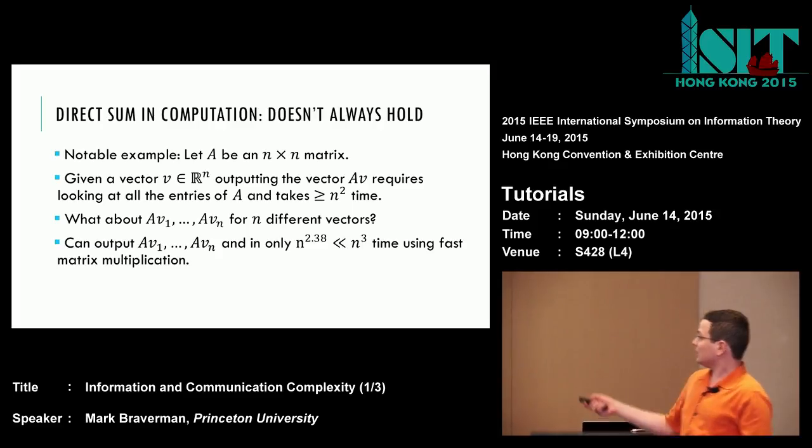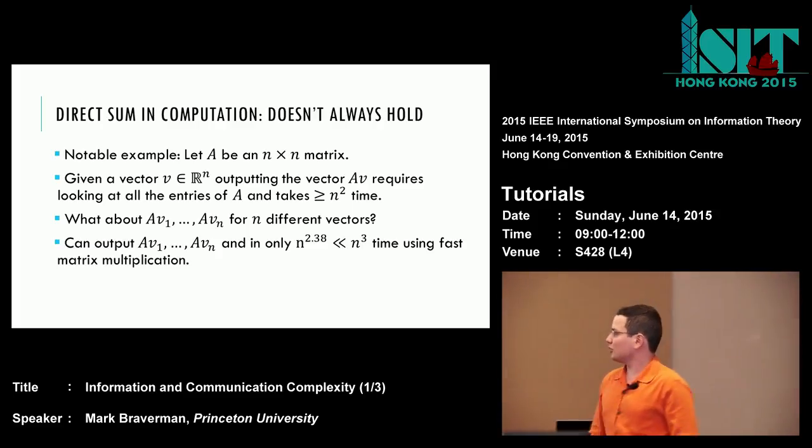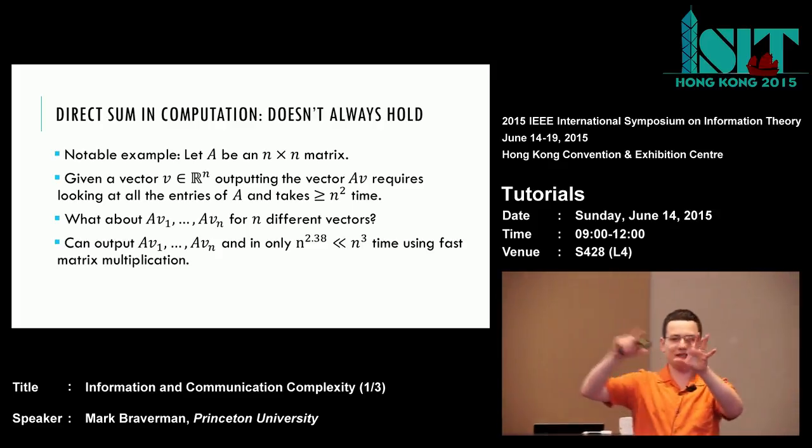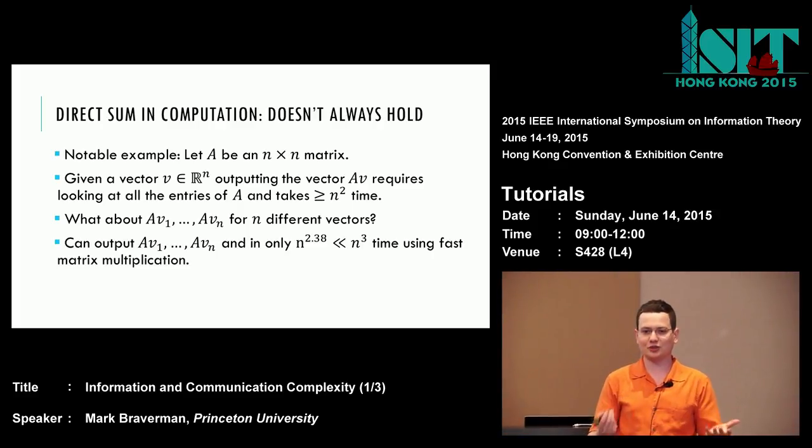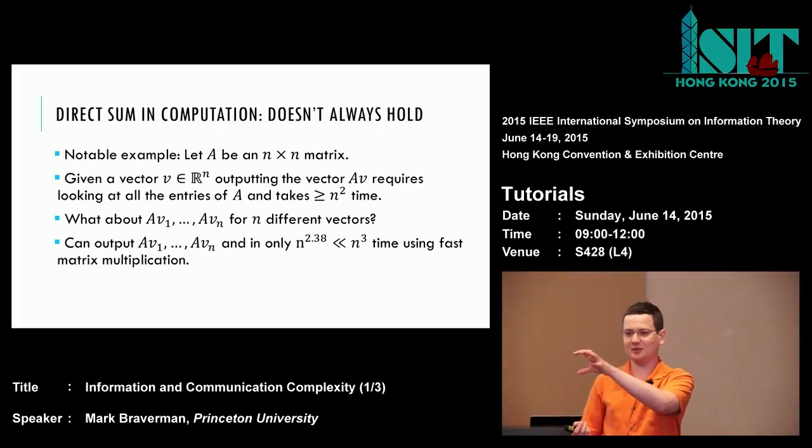So how much does it cost to multiply A by n different vectors? Well, sure, we can run the thing n times, so we could do n cubed.